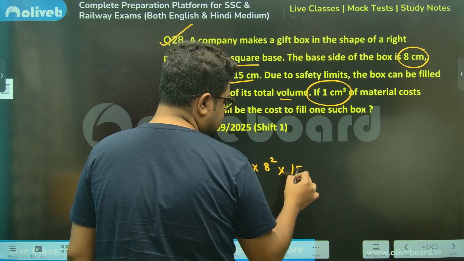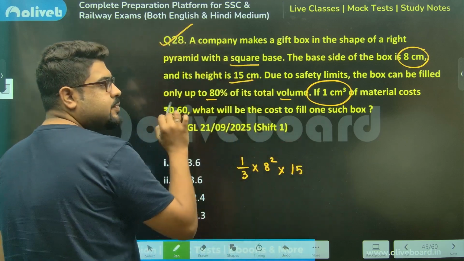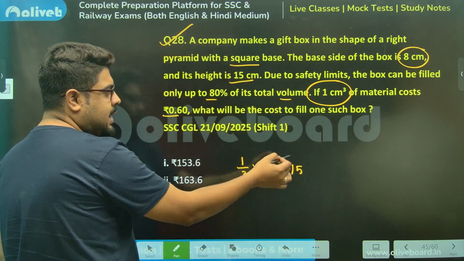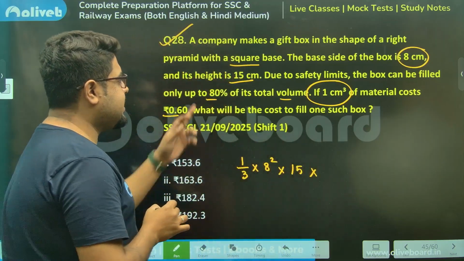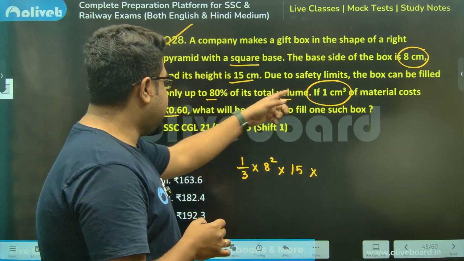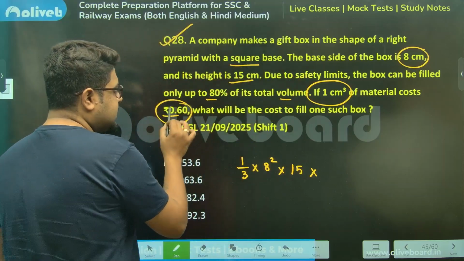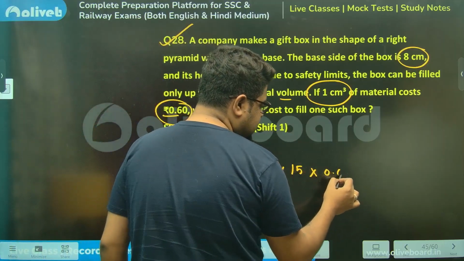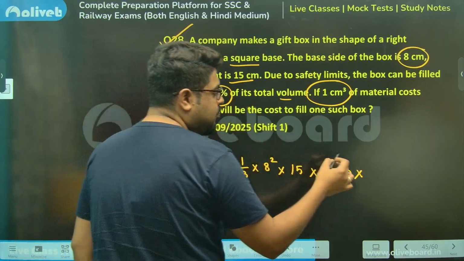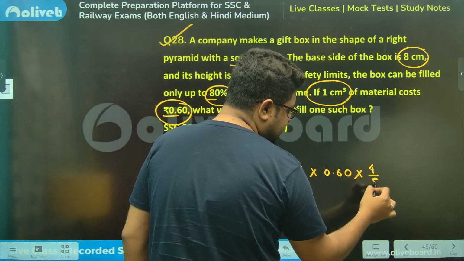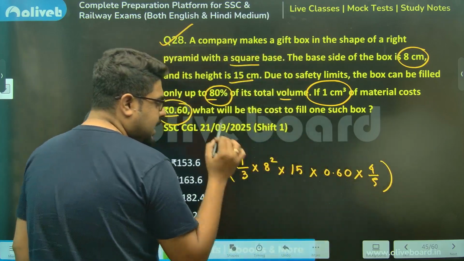So 1/3 into 8 squared into 15, in centimeter cube because everything is in centimeter, into 0.60. But not the whole thing can be filled, only 80%, meaning 4 by 5 can be filled. So this will be your answer.